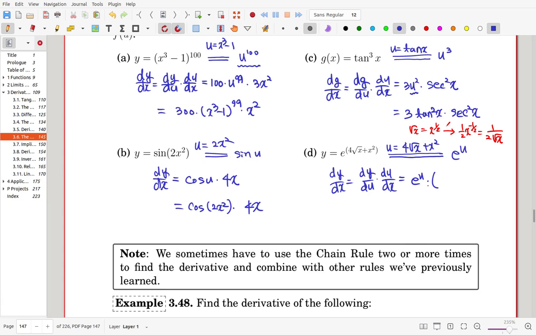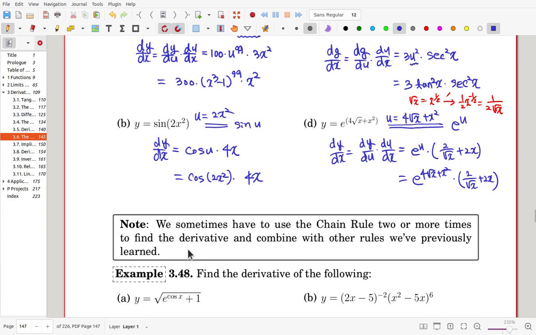And 4 is multiplied, so 2 over square root of x, and here the derivative is 2x. And again, u must be replaced by the original term, so e to the 4 square root of x plus x squared times 2 over square root of x plus 2x. Okay, that's the final answer.